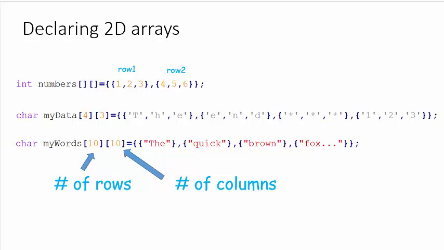So here are several examples of declaring two-dimensional arrays. In this first example, I have a two-dimensional array of integers. You have to do these nested curly brackets, but the way it works is this is row 1 and this is row 2. So this array has 2 rows and 3 columns.